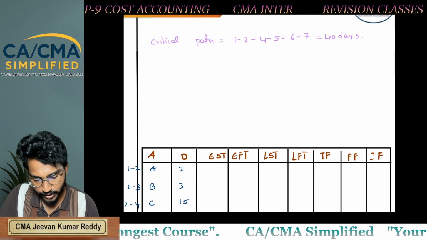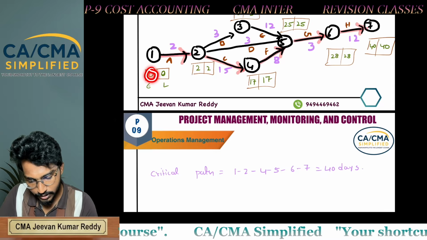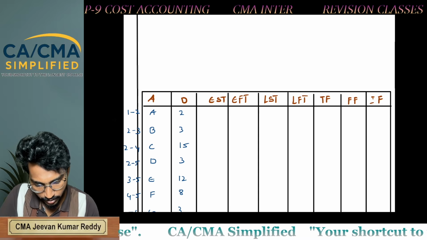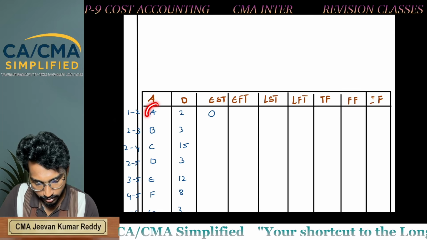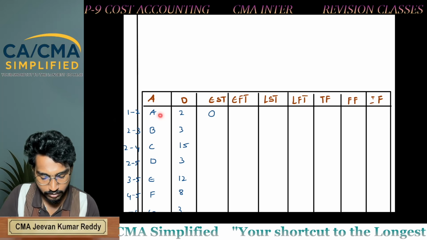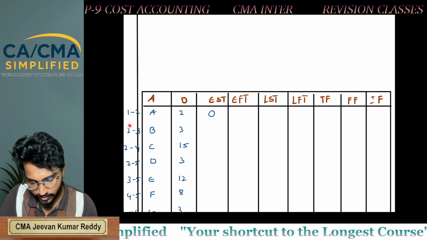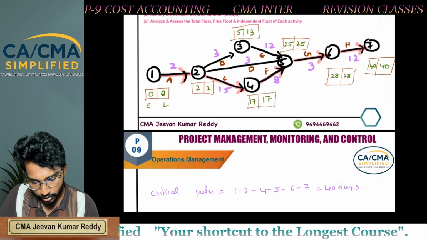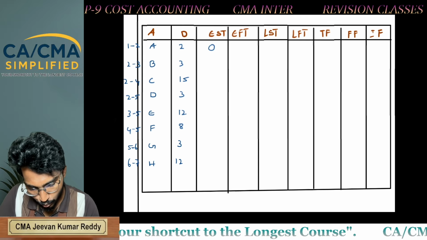So here for A, what is the tail event? 1. At 1, what is E? 0. So EST is earliest start time, 0. That means you can start activity A at 0 days. Next, B. For B, what is the tail event? 2. At 2, what is E? 2.